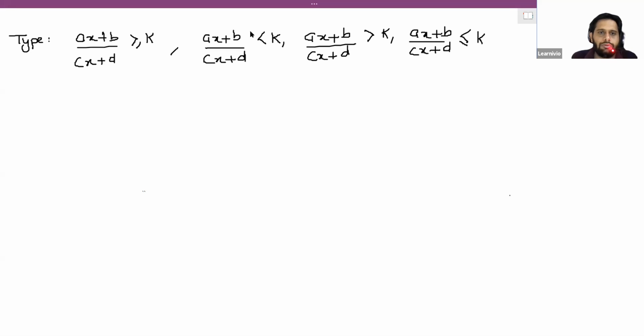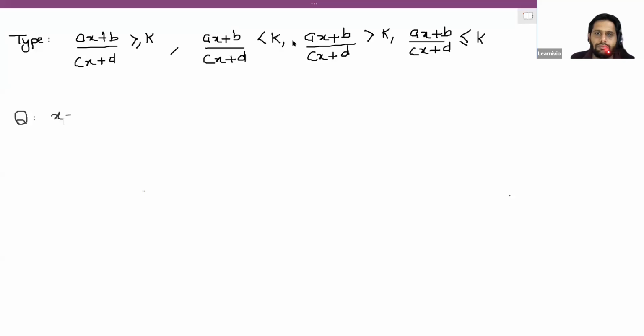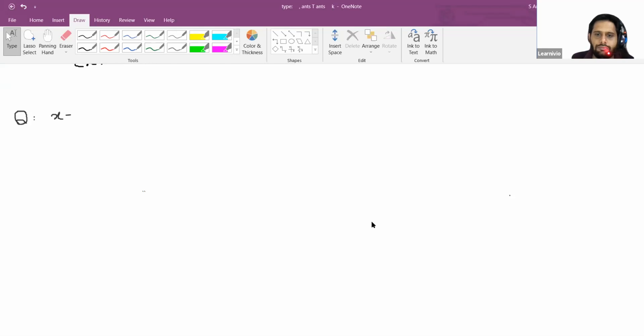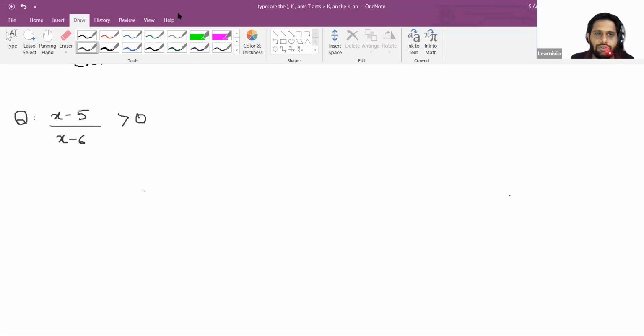Write this question: x minus 5 by x minus 6 should be greater than 0. Please try this question and share your answer.